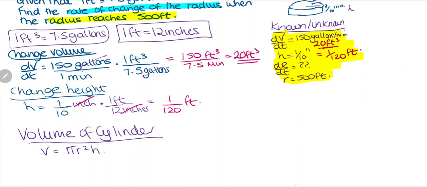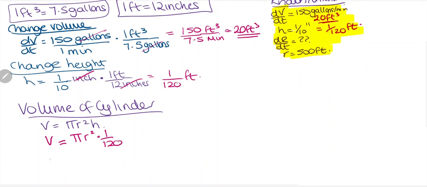So V is equal to pi. We don't know r yet, so we're going to rewrite h as 1 over 120. This will be pi r squared divided by 120. Because we're doing it in terms of time, I'm going to write the t there. Okay, so next step.